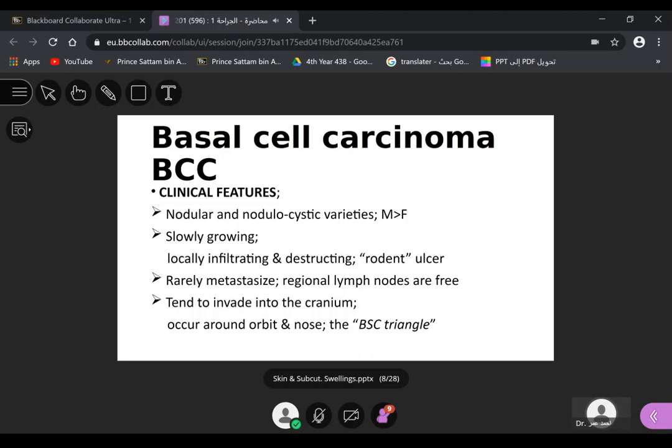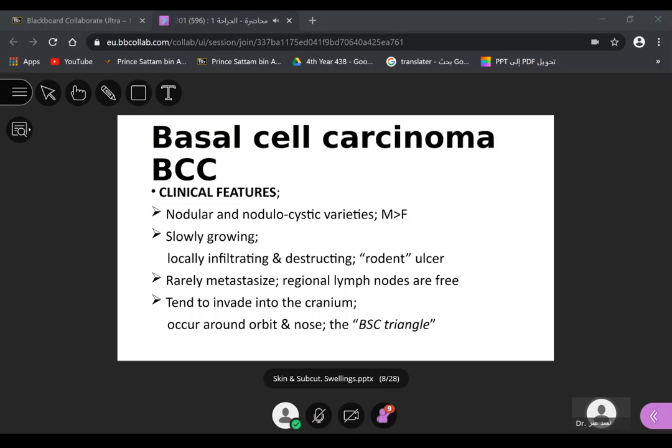So what does it do to the tissues around it? It destroys the tissues like a rodent would, erodes similarly. So the name rodent ulcer is because this tumor tends to destroy and infiltrate locally. Metastasis is very rare. Metastasis to regional lymph nodes and distant metastasis is very rare in basal cell carcinoma.